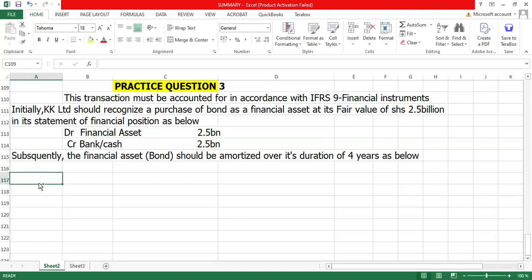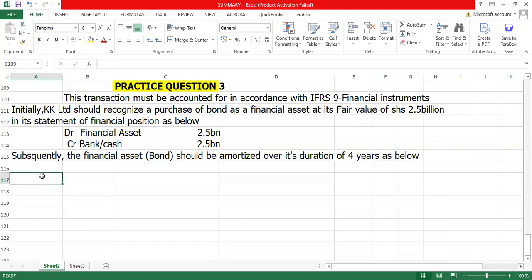Now, as you prepare your amortization schedule, colleagues, keep in mind the time when you're going to test for impairment. It's very, very key. You don't need to waste time doing all the years. Remember, here we are supposed to amortize for 4 years, but don't wait for 4 years.